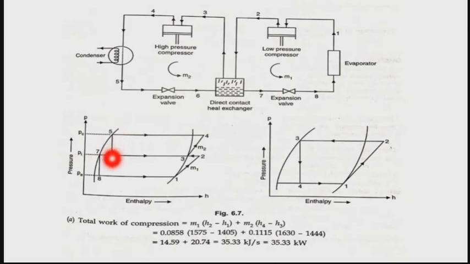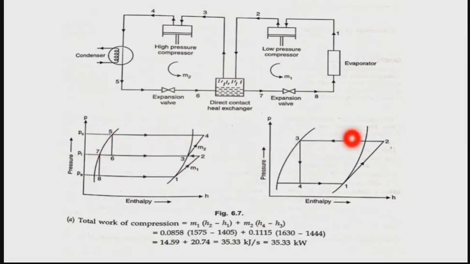So from 5 to 6 it expands, 6 to 7 heat exchange is happening, and from 7 to 8 another expansion valve is placed, so it gets expanded and passes through the evaporator. Then 8 to 1 it reaches here. So this is all about the pressure enthalpy diagram of this problem.